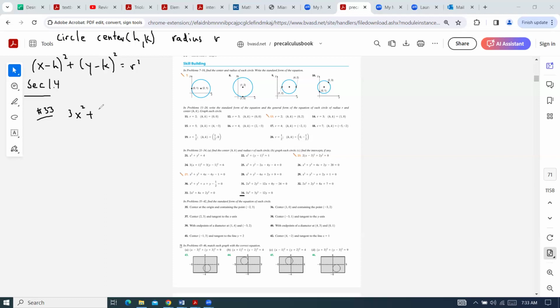Here we have 3x squared and 3y squared and minus 12 times y, which is equal to 0. Our goal is to make sure that we have an x term with a square and a y term with a square. We have those on the left side, but the number 3 is in the way, so I will divide by 3, so this way we'll just get clean x and clean y.